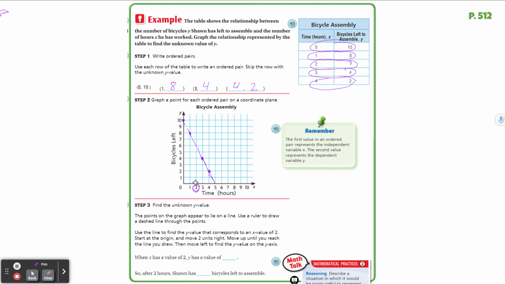Well, here's 2 hours, and I'm going to go straight up and see that it would land right here on 2, 6. So the X value, when X has a value of 2, Y has a value of 6. So after 2 hours, Sean has 6 bicycles that are left.